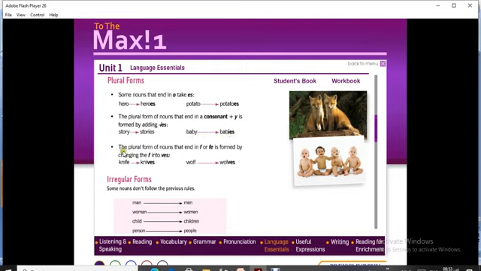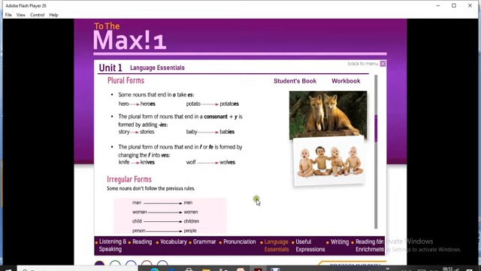Now rule number 6: the plural form of nouns that end in F or FE is formed by changing the F to V, then adding E and S. Knife, knives; wolf, wolves.